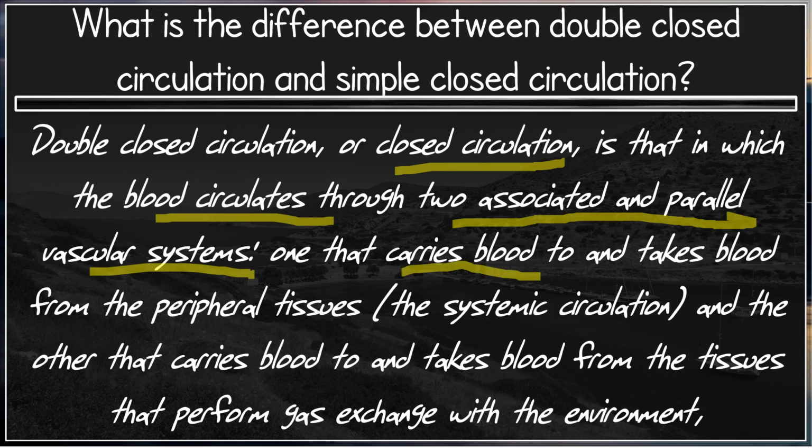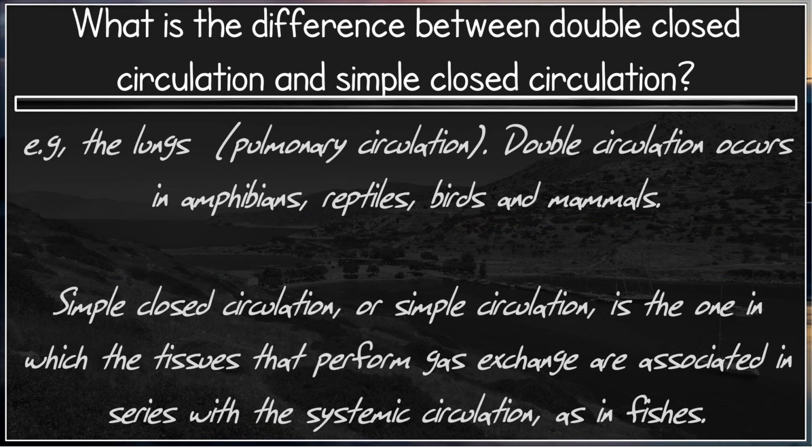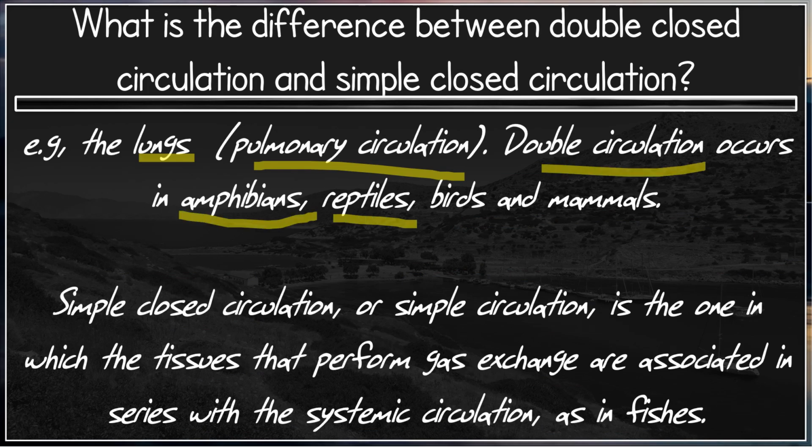One takes blood to and from the peripheral tissues, the systemic circulation, and the other takes blood to and from the tissues that perform gas exchange with the environment, e.g., the lungs, the pulmonary circulation. Double circulation occurs in amphibians, reptiles, birds, and mammals.